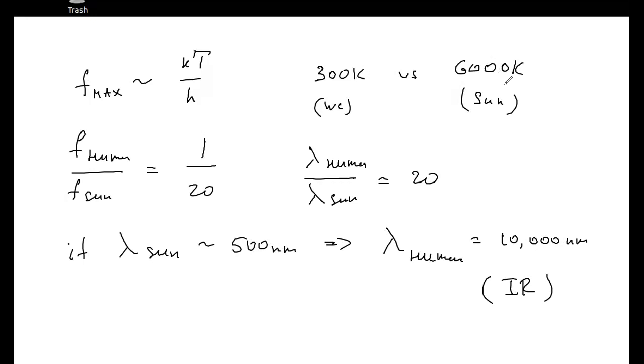It's different, for example, for hot objects like the sun. For the sun, the temperature is very high, so the frequency is high, the wavelength is significantly shorter, so it's visible light. But we can't see this radiation from humans, though we can make a device which can see this radiation, yeah? Like a night vision device.